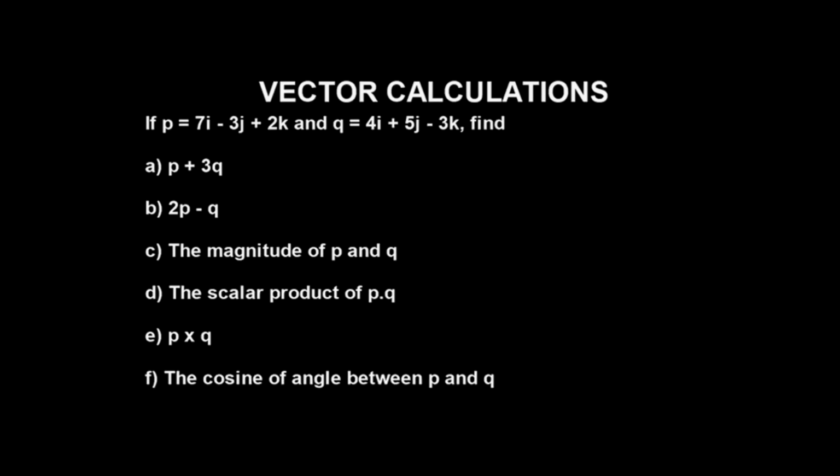Okay, before we go ahead and bring the Casio calculator to solve these problems we have here, let's quickly look at the questions I have and see what we are asked to find.